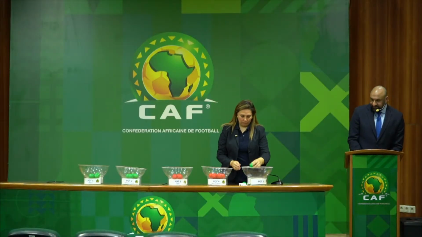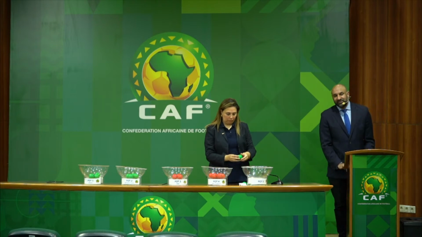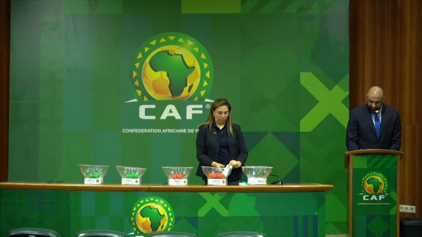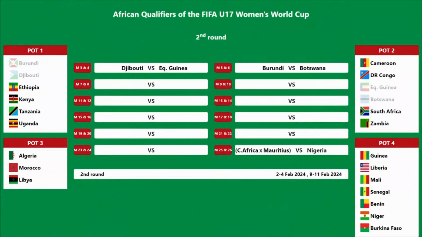Burundi, eliminated in the third round in the previous edition, will play against Botswana, who was eliminated in the second round in the previous qualifiers.